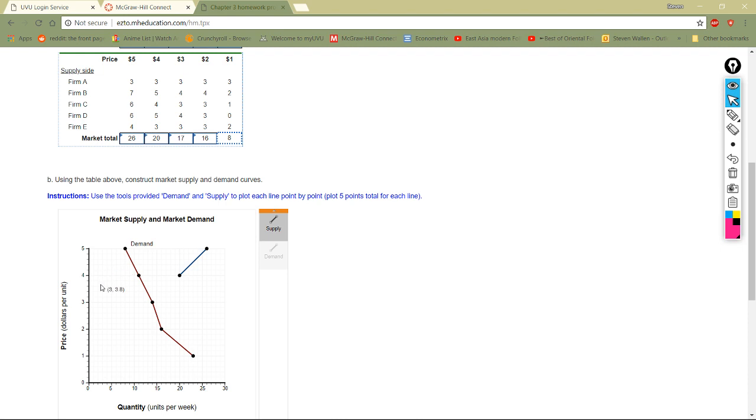Then we're gonna go for 3 at 17. And then at 2 we go 16. Yeah, 2 is 16. No, it should be crossing.